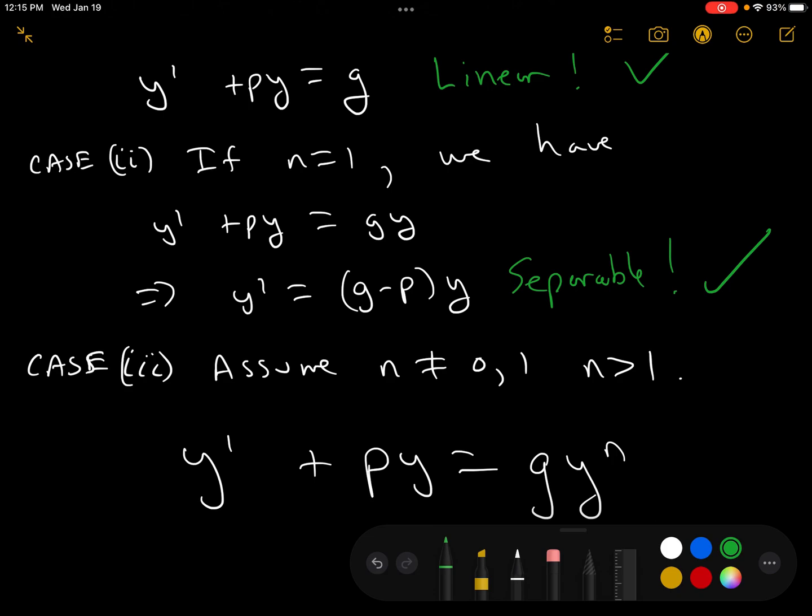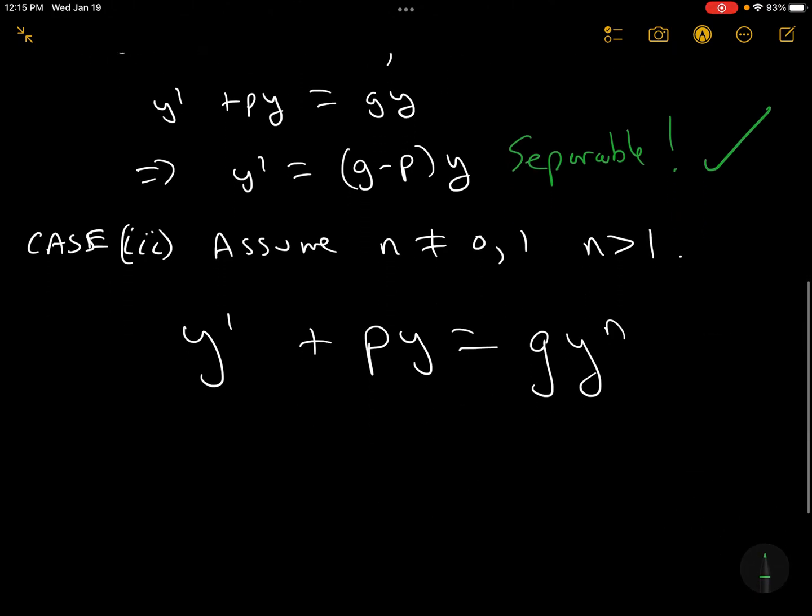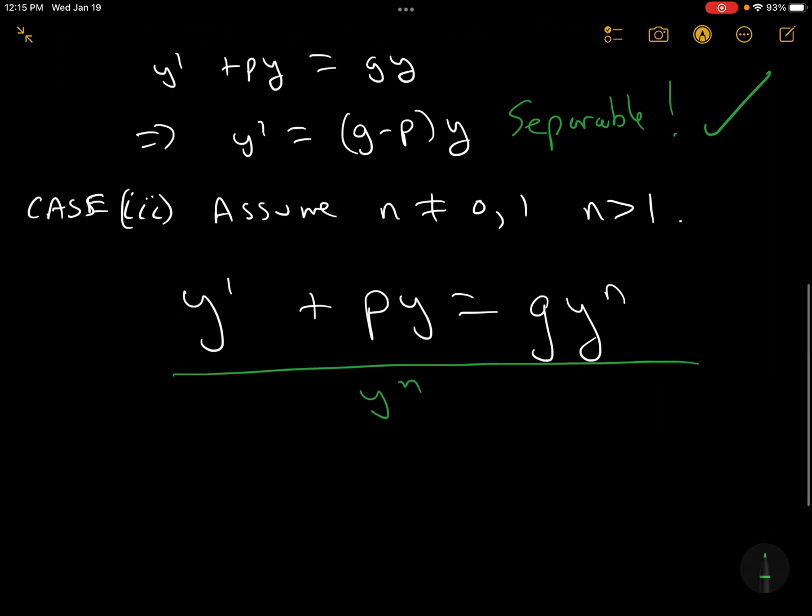Now here's the crux of today's matter. Bernoulli's first thought here was, well, I don't know how he thought it through, but this is how it works out. He thought, I'm just going to divide through the whole thing by y to the n.